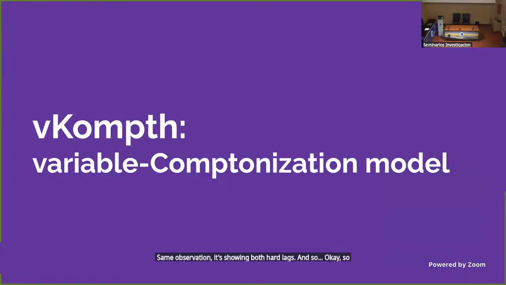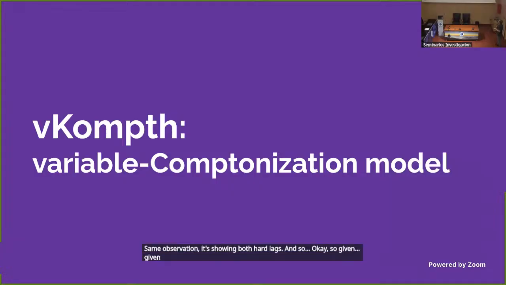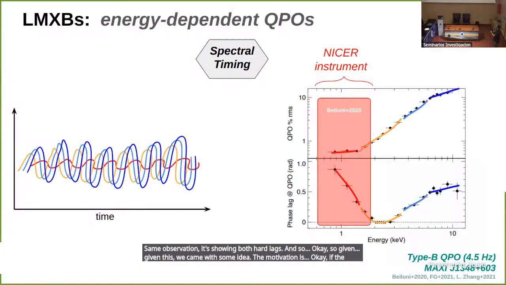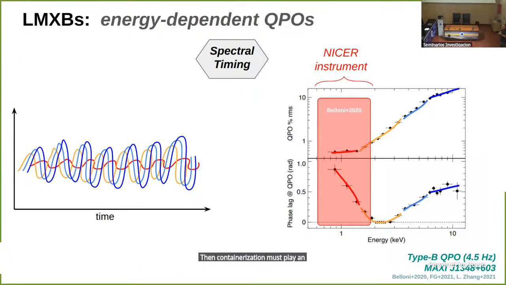Okay, so given this, we came up with an idea. The motivation is, if most of the variability is occurring in the hard energy band, as we can see from here, then Comptonization must play an important role for sure. So let's forget about all the other processes, and let's study how the Comptonization varies, and see if we can explain what we observe here.